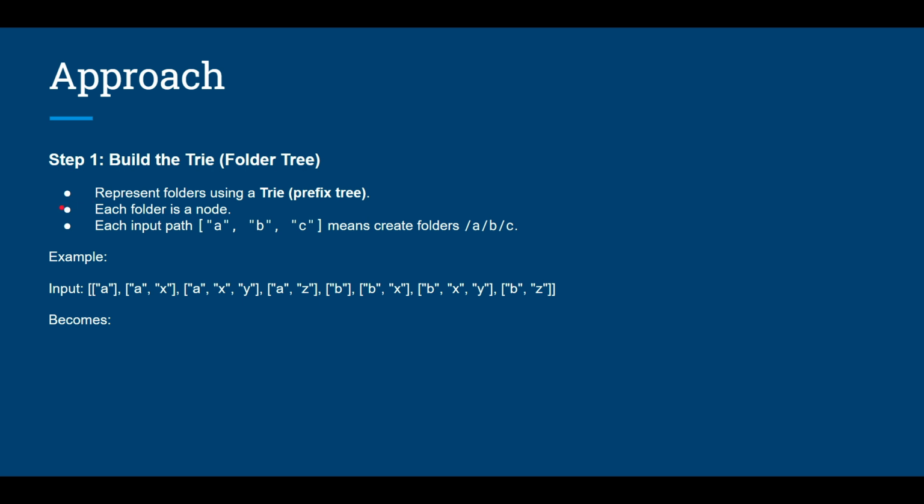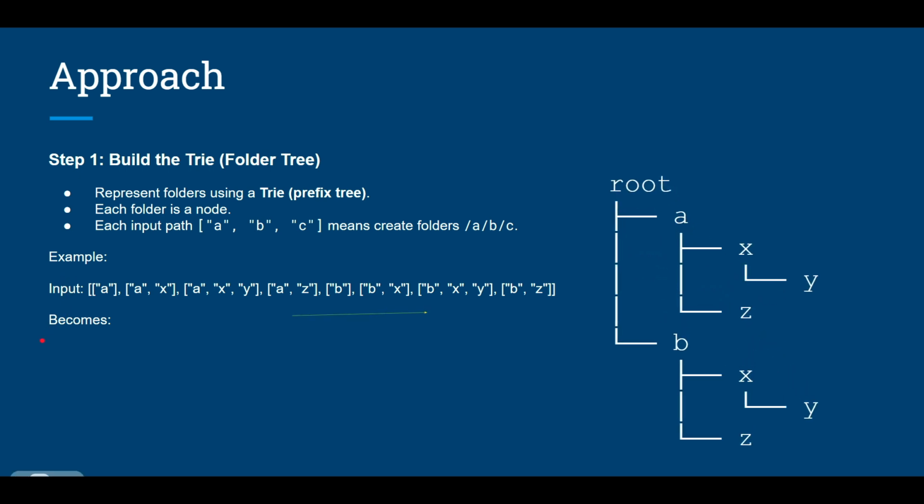So to implement the code, the very first step is to build the folder tree. It represents folders using a trie, also called a prefix tree, and each folder is a node. Each input path, for example A, B and C, creates /A/B/C. If this is an example, it becomes like the root itself, and then A, X will go to Y, like this.